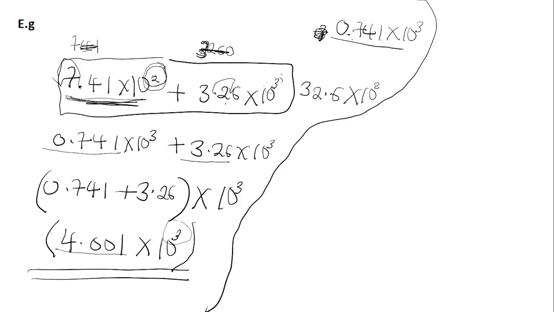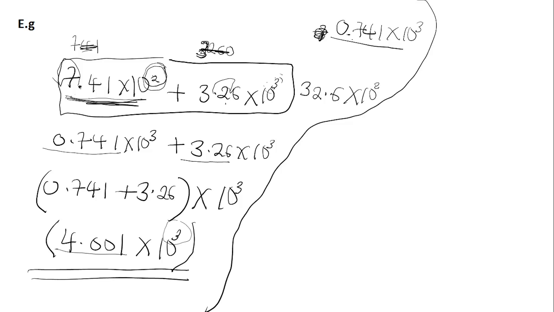We're going to have 7.41 times 10 to the power 2 plus, when we change the power, it reduces, 32.6 times 10 to the power 2. These numbers have the same power, therefore we can go ahead and add or subtract.